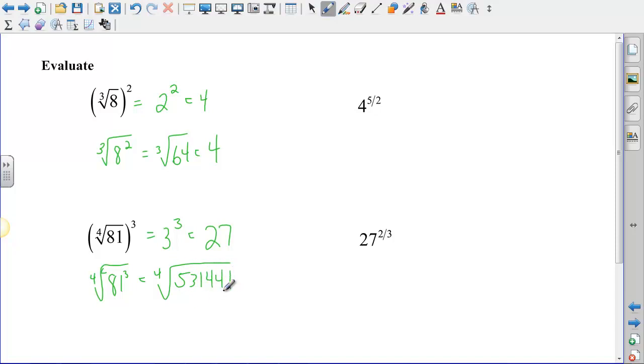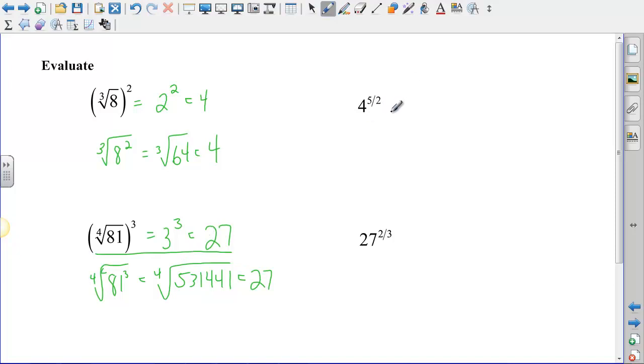And I'm pretty sure most of you don't have that memorized, 531,441, and the 4th root of that is 27. But if you put it in on your calculator, you would get that. But we really, really want to try doing it the first way because we can do it without a calculator.